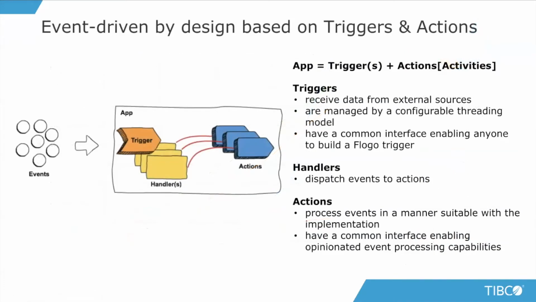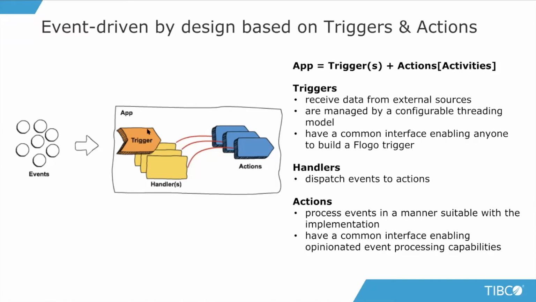As I said, Flogo is designed for building event-driven applications, and it's based on this notion of triggers and actions. So each Flogo app typically consists of 1 or more triggers and 1 or more actions.